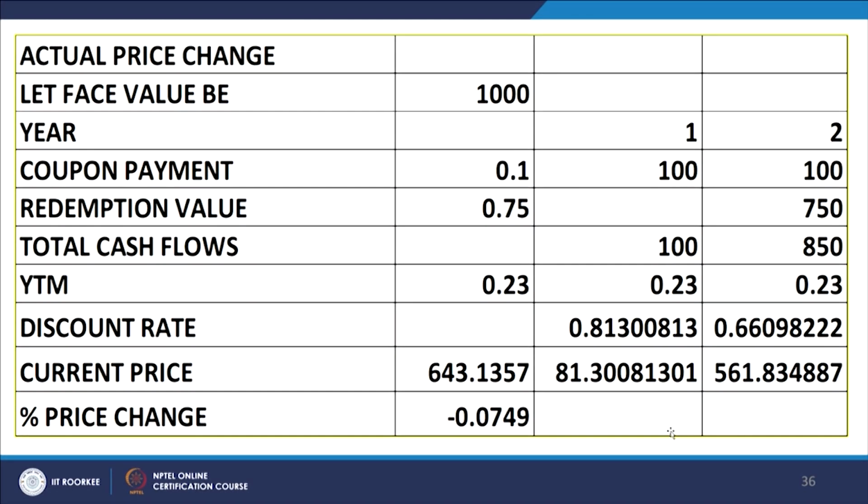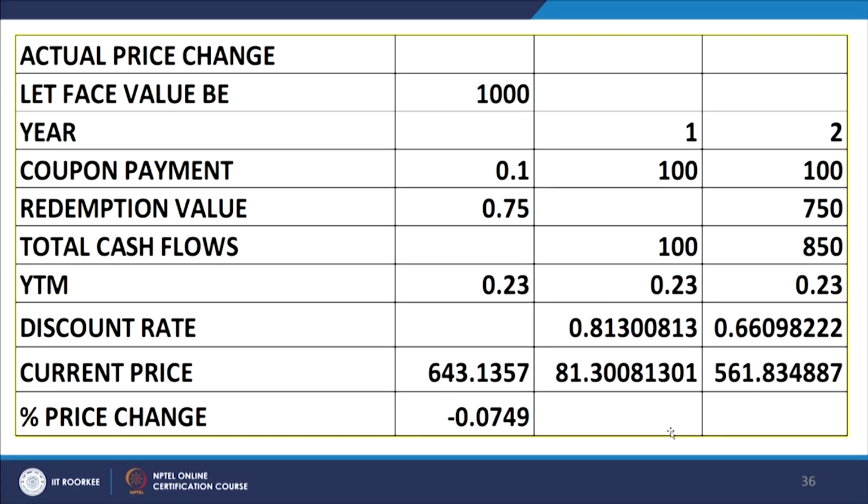This is the approximate price change. The actual price change we work out on the basis of actual calculation of the revised price at the revised YTM of 23%, and we get a figure of 7.49% negative as the percentage price change. This is the actual price change worked out on the basis of the DCF formula.